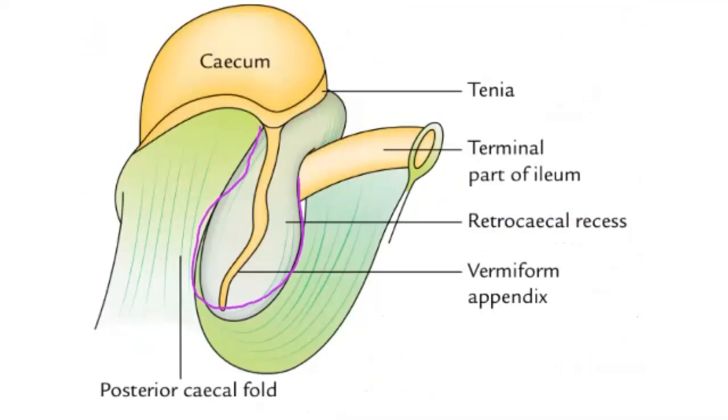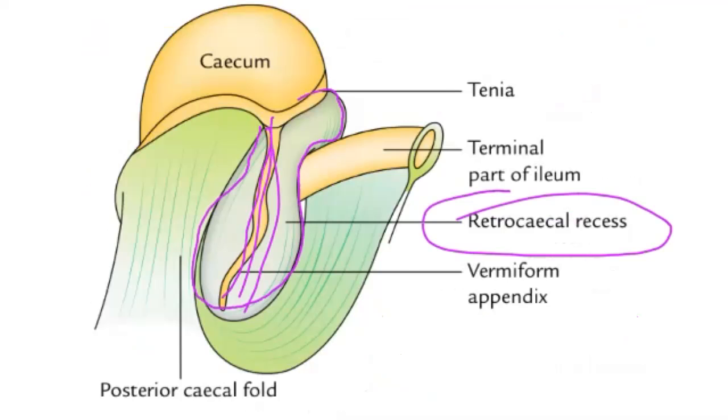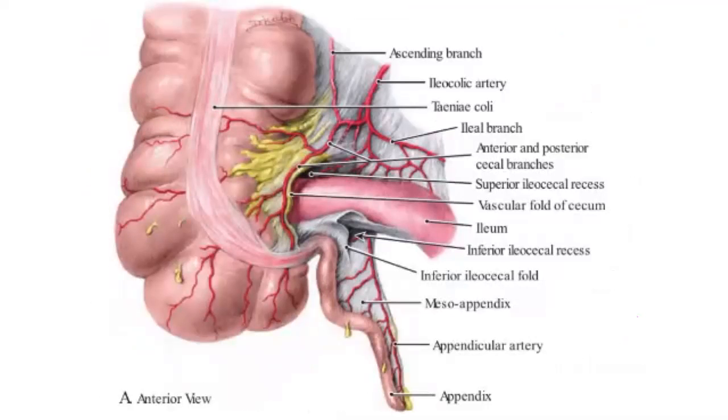So this recess is superior ileocecal recess, and this recess is inferior ileocecal recess. Okay, so this fold, peritoneal fold, inferior ileocecal fold and superior ileocecal fold, right?